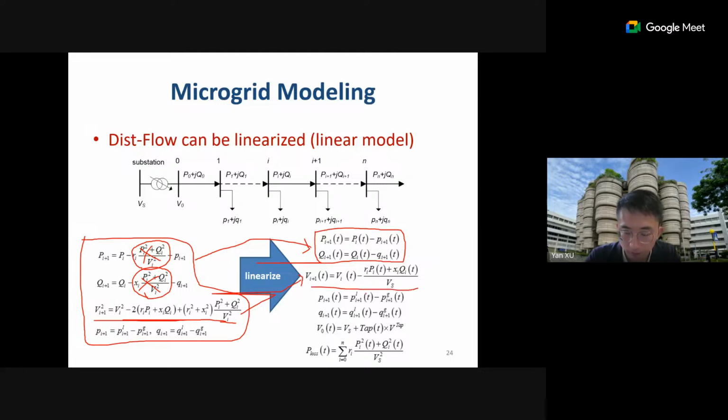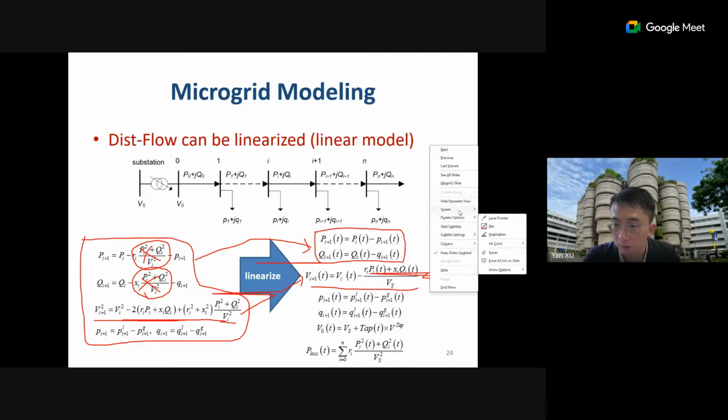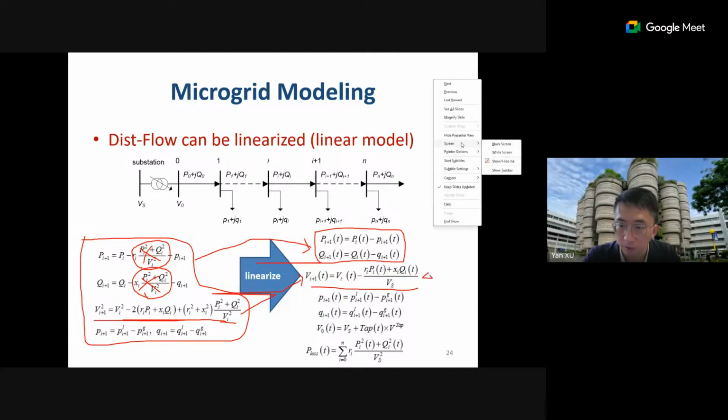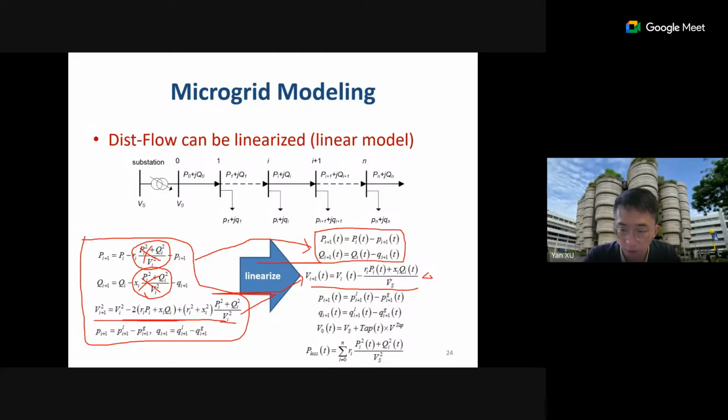Remember yesterday I briefly introduced this is delta V, which depends on P times R plus Q times X. So you can see that we can just set this V as Vs. Vs is a fixed value, because it's a main substation, we can just take it as 1.0 per unit.